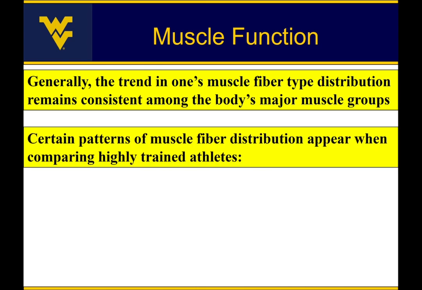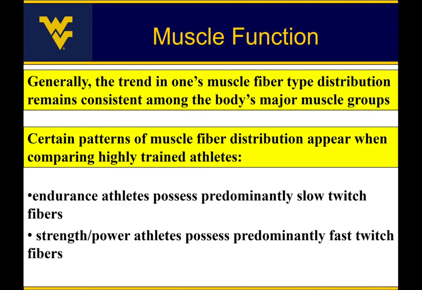However, certain patterns of muscle fiber distribution appear when comparing highly trained individuals. So, for example, a highly trained endurance athlete will possess predominantly slow twitch fibers in the majority of the muscles in the body. In contrast, highly trained strength or power athletes will possess predominantly fast twitch fibers in the majority of the muscles in their body.